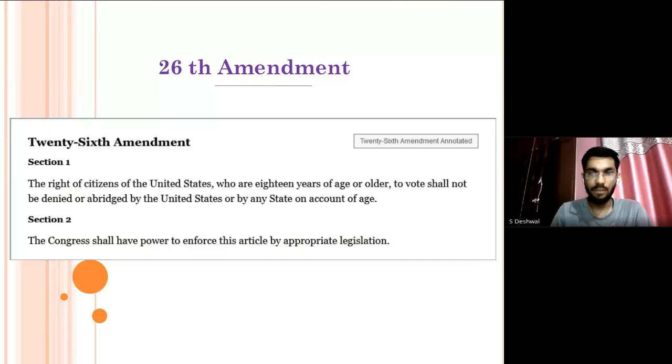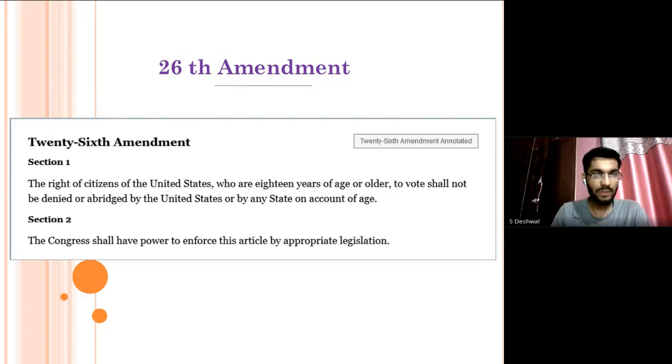Now moving ahead, we will be discussing this 26th Amendment. So please write down this 26th Amendment. It actually talks about how your right could not be abridged merely on account of your age, and it provides the age of 18 as the age to vote, right? So I'm reading section 1. The right of citizens of the United States, please do not write it wholly.